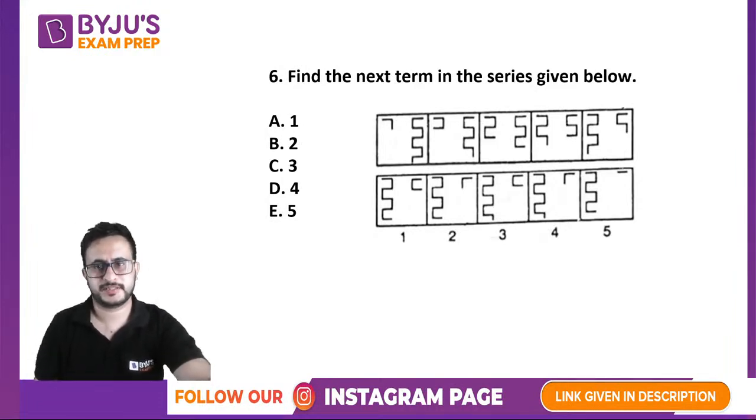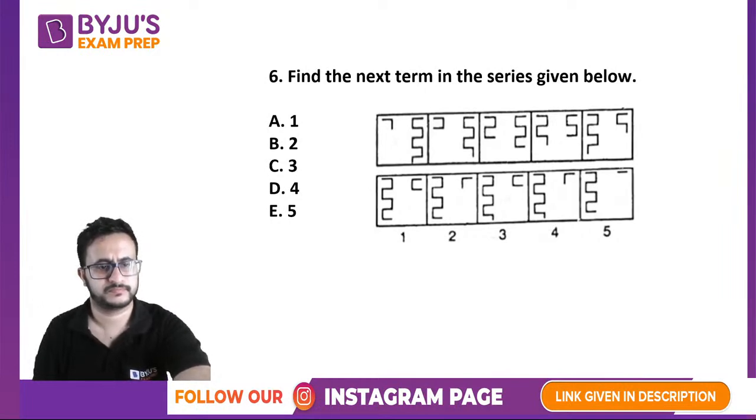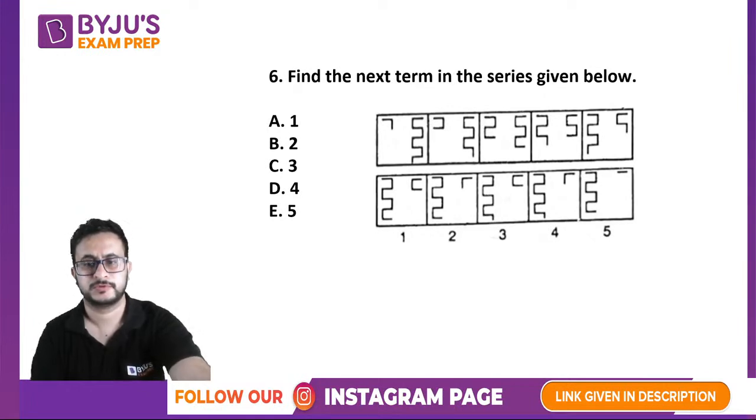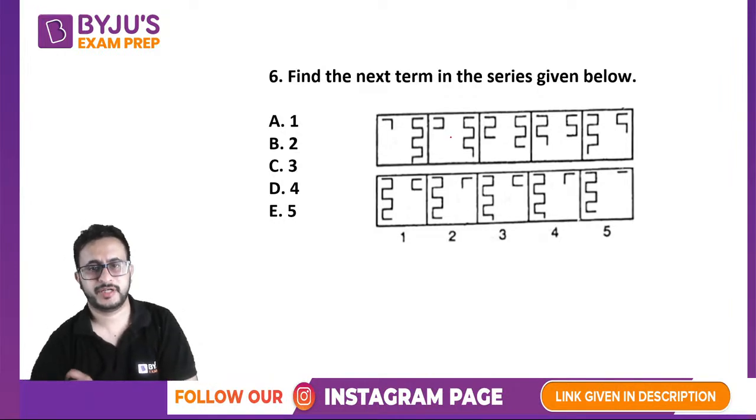What is the next term in this series? What is happening is the hands are increasing on this side and then decreasing on this side, right?